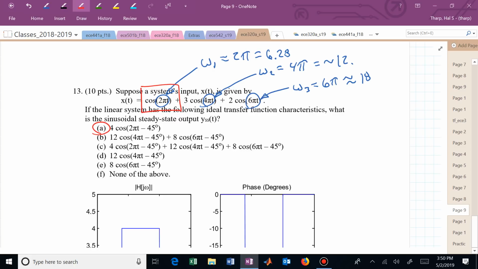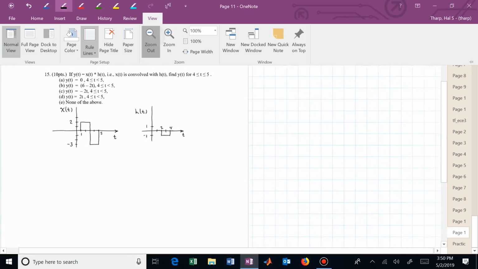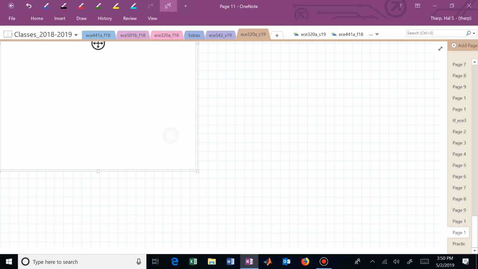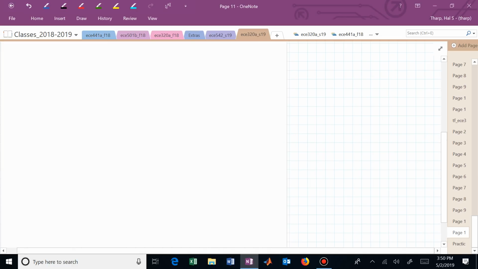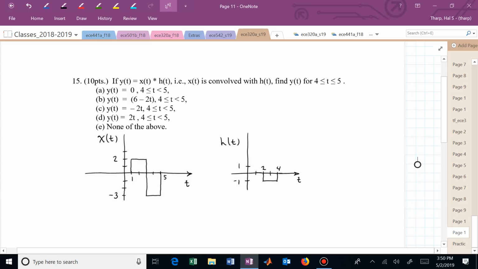Another question that was asked was the following, if I can find it. It was a convolution question, I think. How do we know what's going to happen in this particular case at a certain value of y or a certain interval of y?